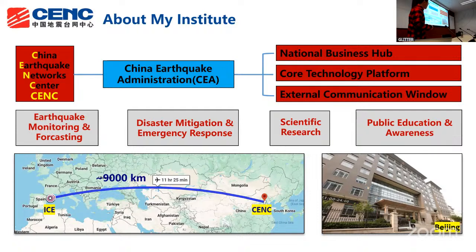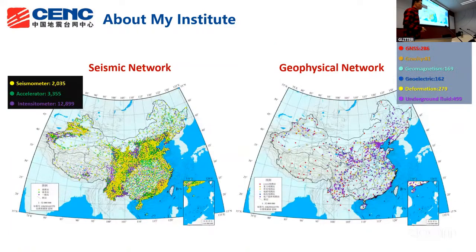To fulfill these four main functions, CENC has built two networks. The first is the seismic network, which supports earthquake early warning and earthquake rapid reporting. It consists of over 18,000 stations, equipped with seismometers, accelerometers, and intensimeters.